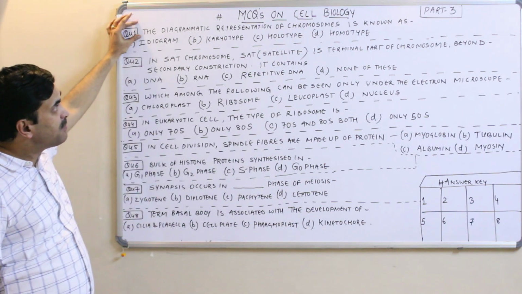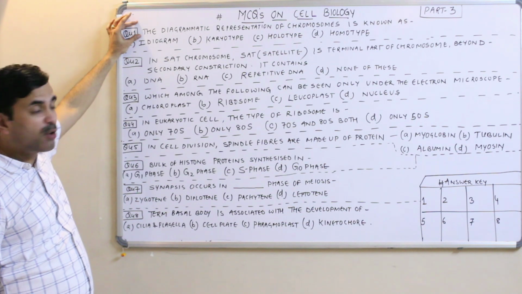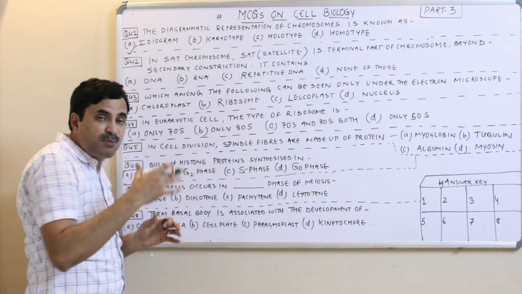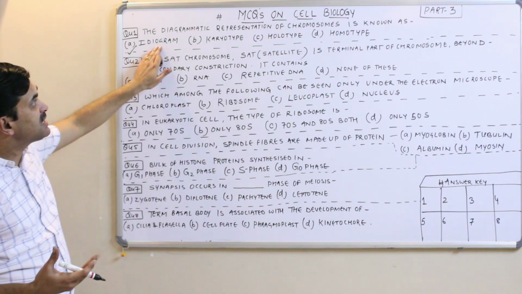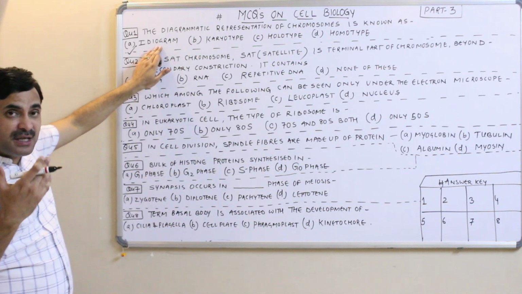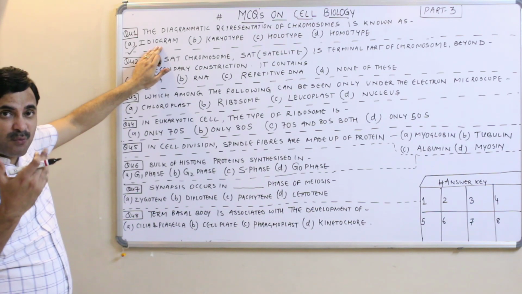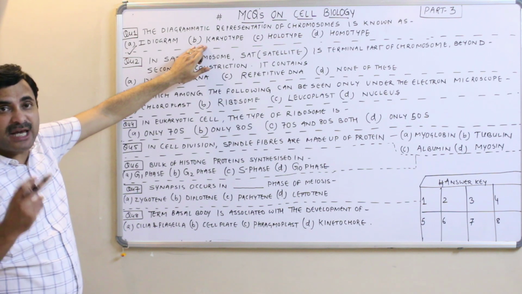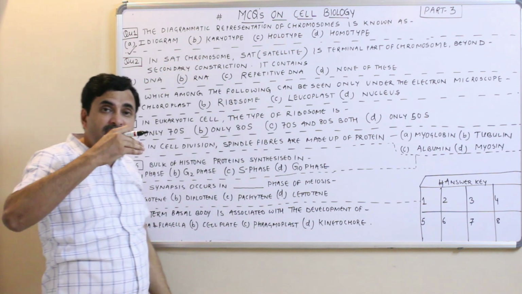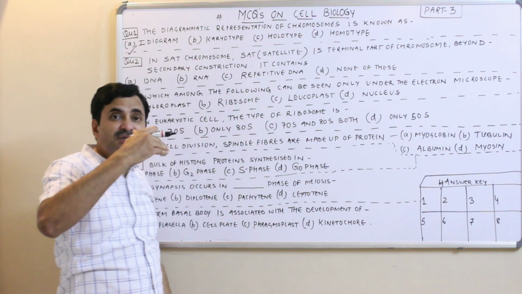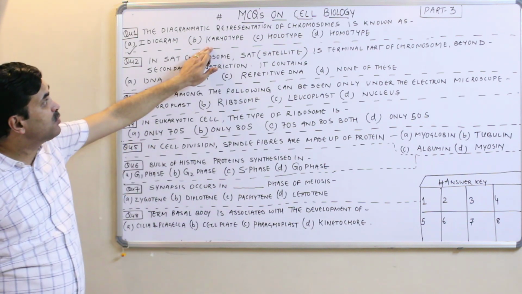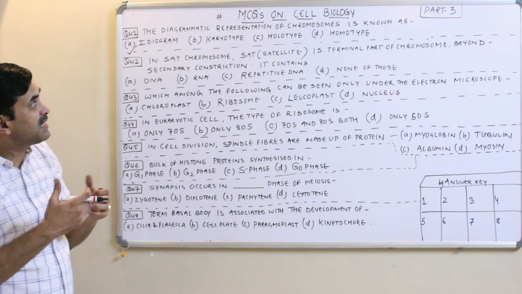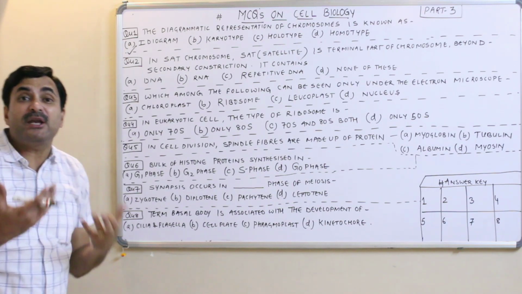But the diagrammatic representation of the chromosome is known as, always remember that if we are representing the chromosomes diagrammatically, then it is ideogram. But if we are arranging the chromosomes according to their morphology, that is size, shape and all, then it is called the karyotype.